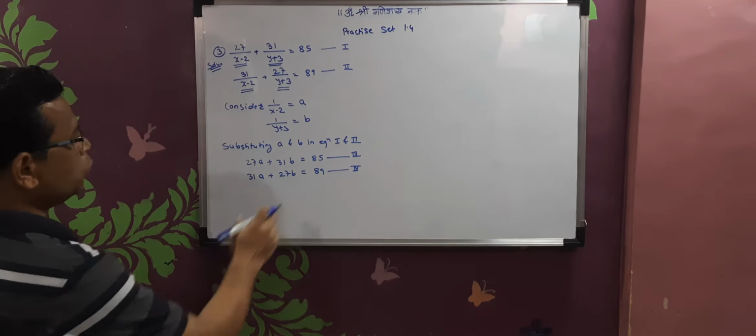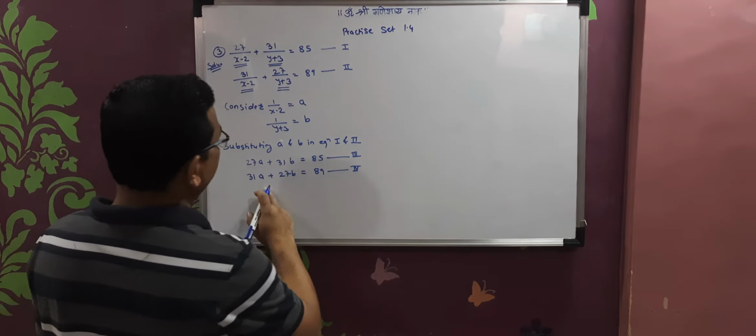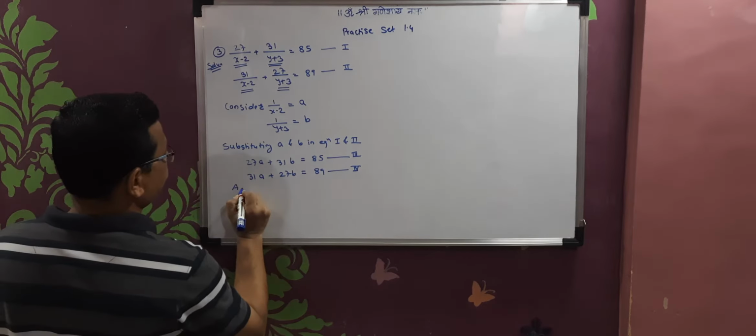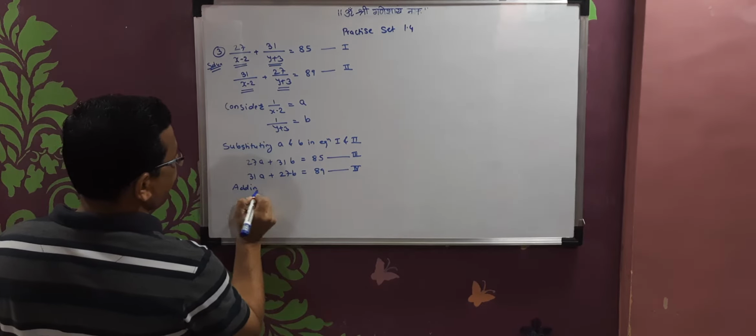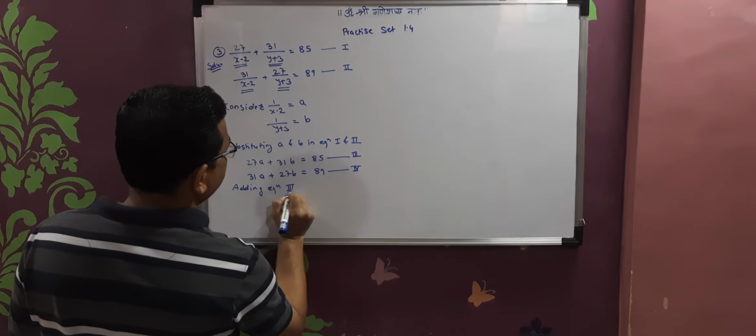Now we will add both these equations, because we have to find out the value of a and b. So adding equations 3 and 4.